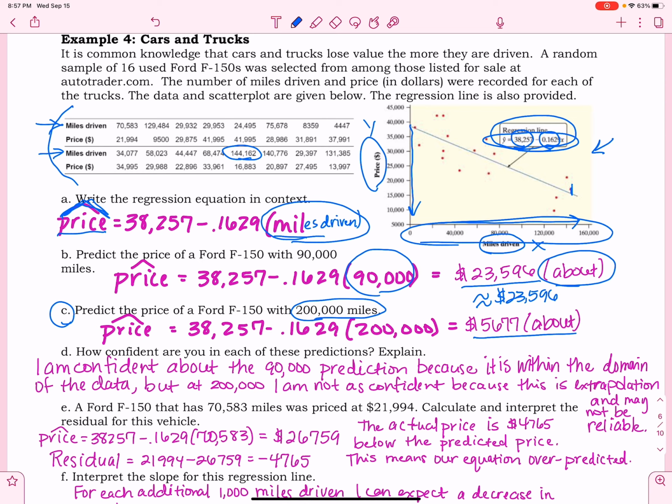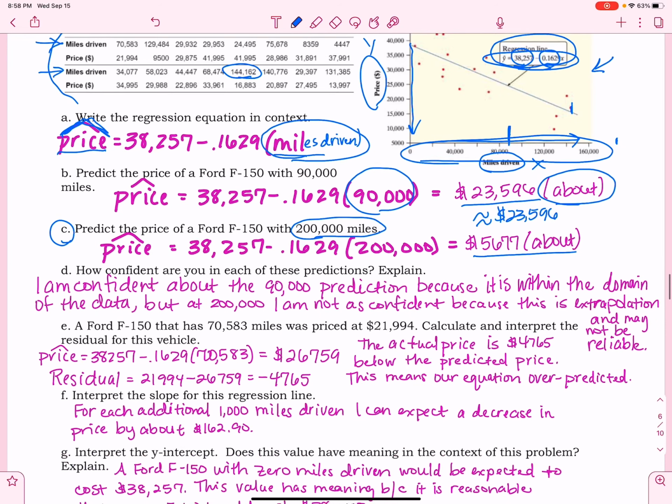So when I answer this, I'm pretty confident that 90,000 is an okay prediction because 90,000 is occurring right here, well within the domain of my miles driven. So I'm not too worried about 90,000. 200,000 on the other hand is going to be out here outside my domain. So I'm worried that this is going to be extrapolation. So that prediction might not be as reliable as I'm hoping.